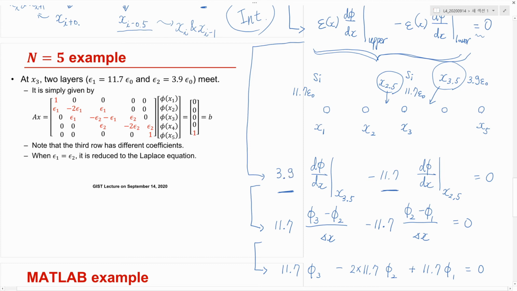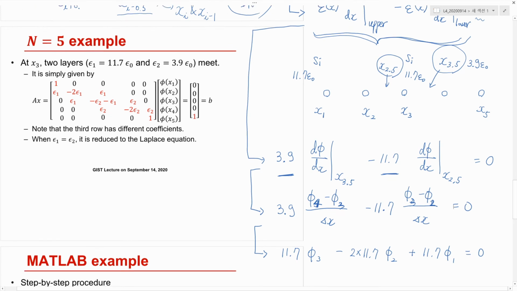So the next equation also has 3.9, and now we have phi 4 minus phi 3, phi 3 minus phi 2.